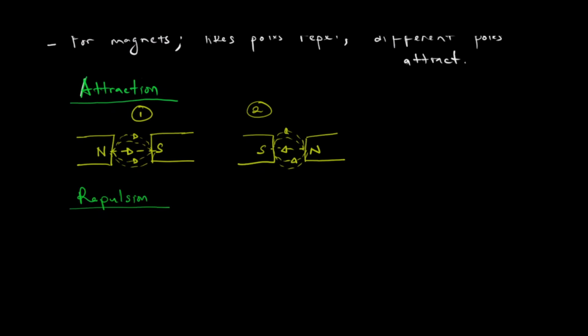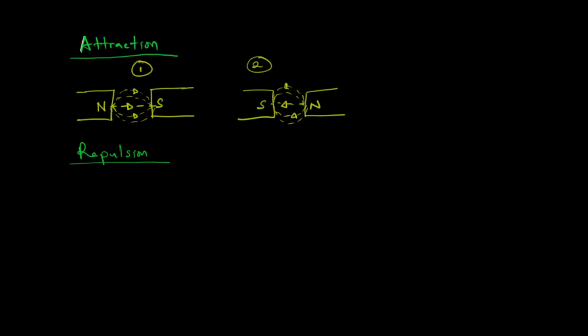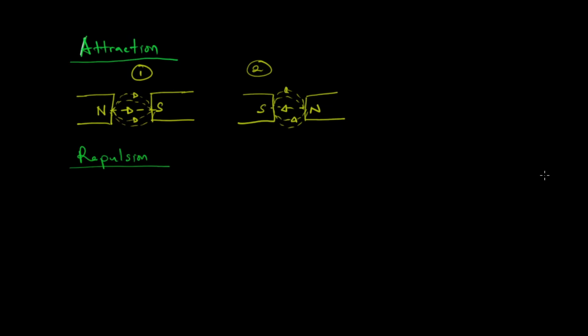kana takutarisa repulsion tinenge takuti like pose repel. Sakuita repel kusasangana like this. If we have a north panapa and also a north, what is happening is this.